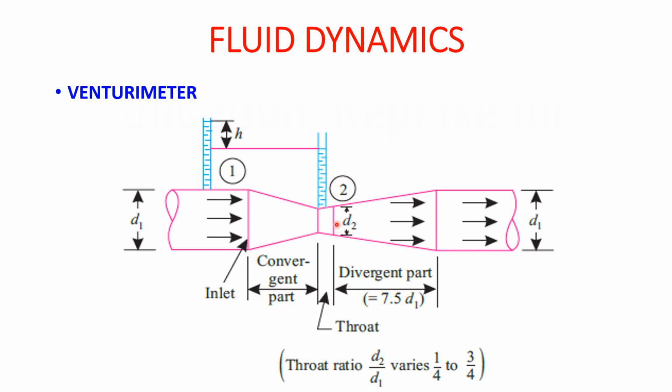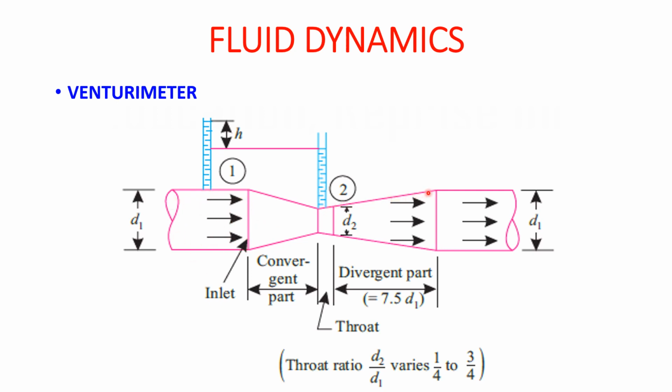Now what happens is, when the water enters the convergent section, there is a reduction in area. As the area is reduced, naturally the pressure will also be reduced, and therefore the water has to pass through this smaller constant area of the throat. So there is a pressure change which is observed by the manometer difference.